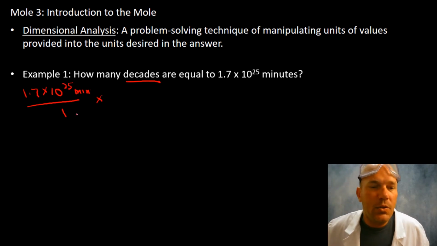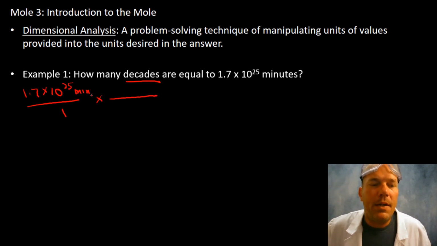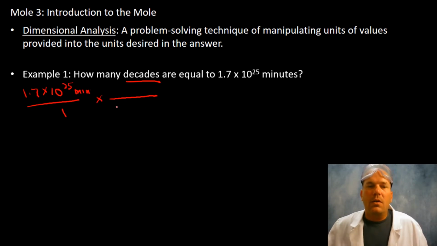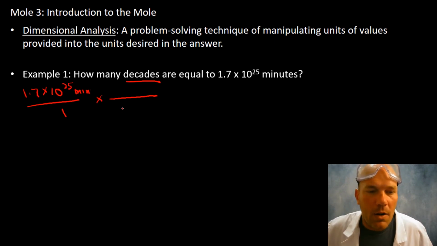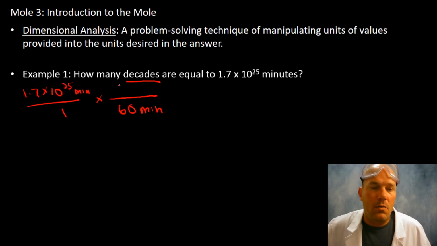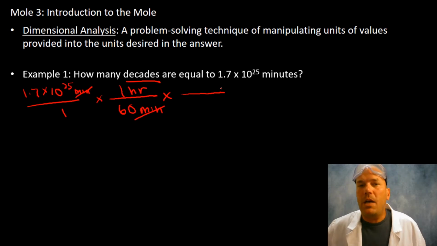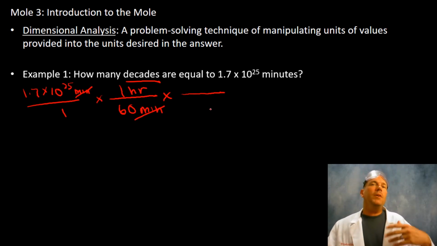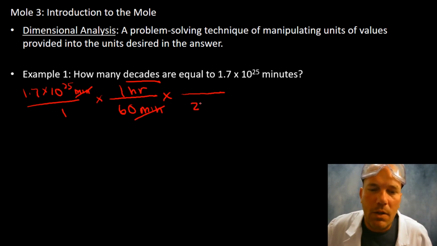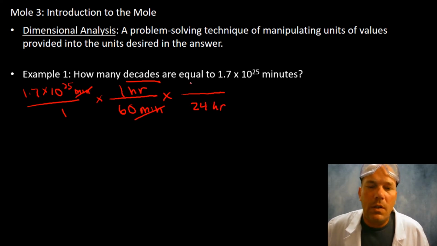In order to do this, I'm going to need to place minutes in the denominator so it cancels out. So there are 60 minutes in 1 hour. And then what's good is to go ahead and cancel, and then we keep moving. Well, I don't want hours, I want decades. So then we can look at the fact that there are 24 hours in 1 day.